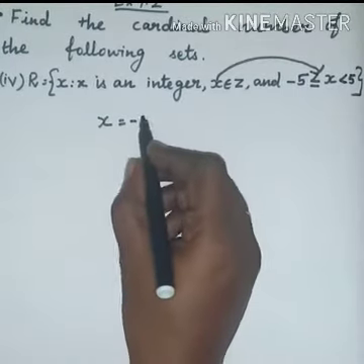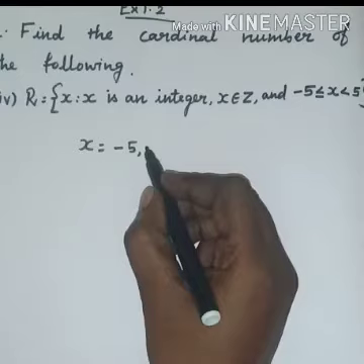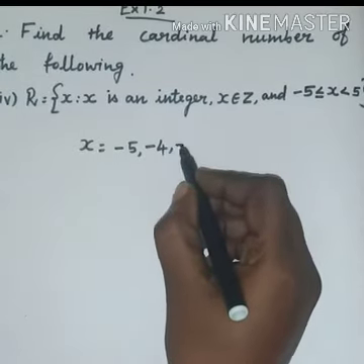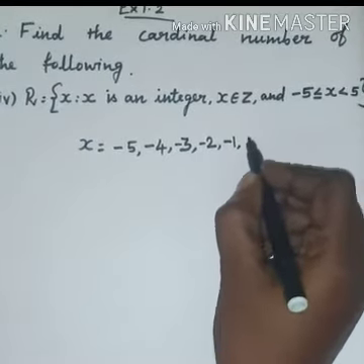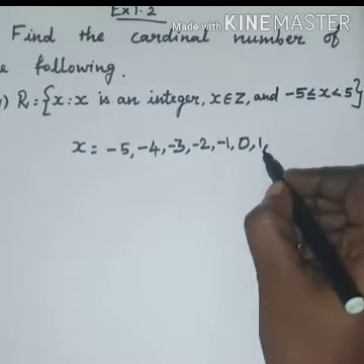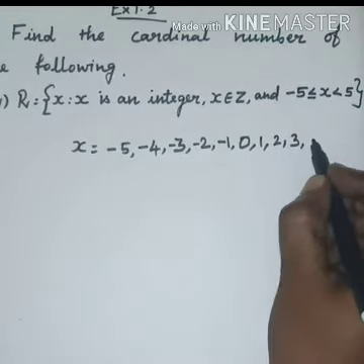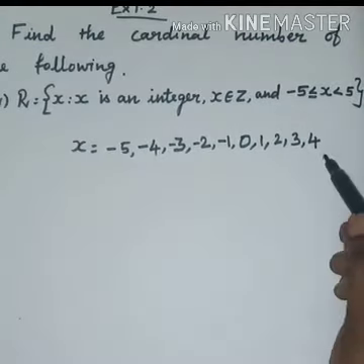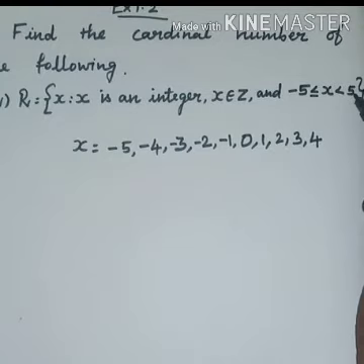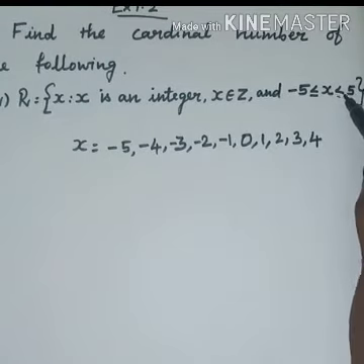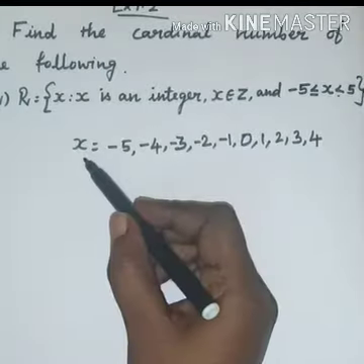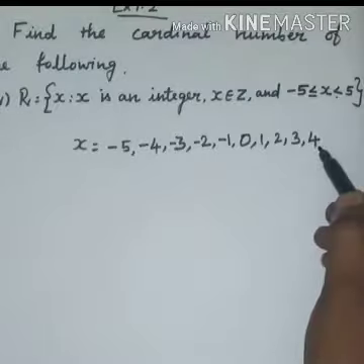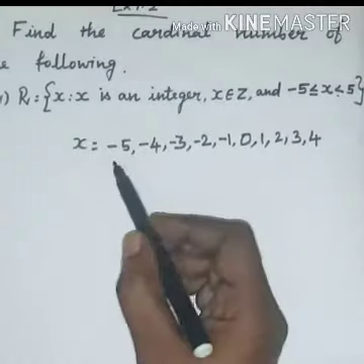So minus 5 is one value, minus 4, minus 3, minus 2, minus 1, 0, 1, 2, 3, 4. We should not take 5 because the equal to symbol is not given on that side. So we should not take this 5 for x. Okay, so up to 4 only we should take.